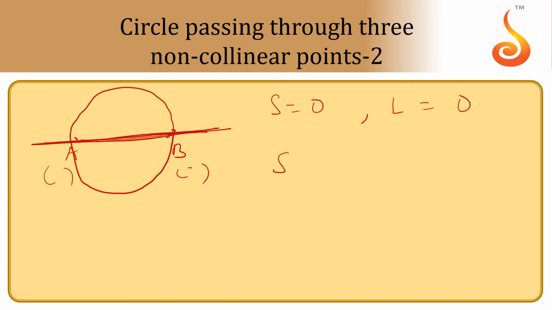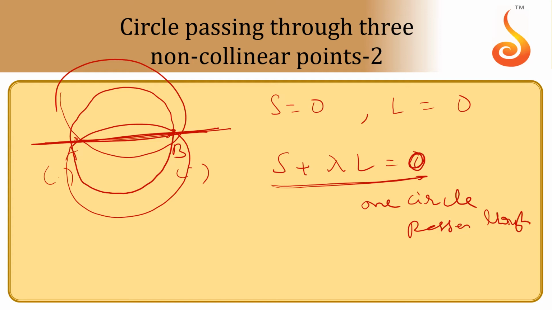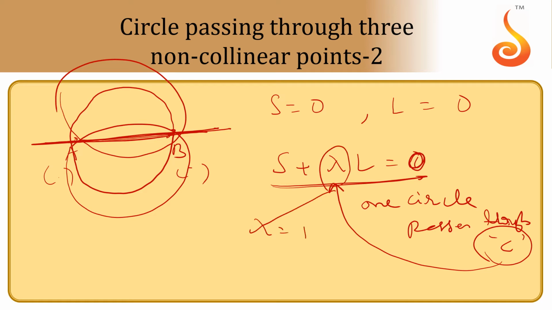Now with this circle and line, I can generate a family of circles which pass through A and B. So there will be infinitely many circles passing through A and B. In those infinitely many circles, there will be one circle that passes through C. So if I substitute this point C in this, the corresponding lambda value we will get out.